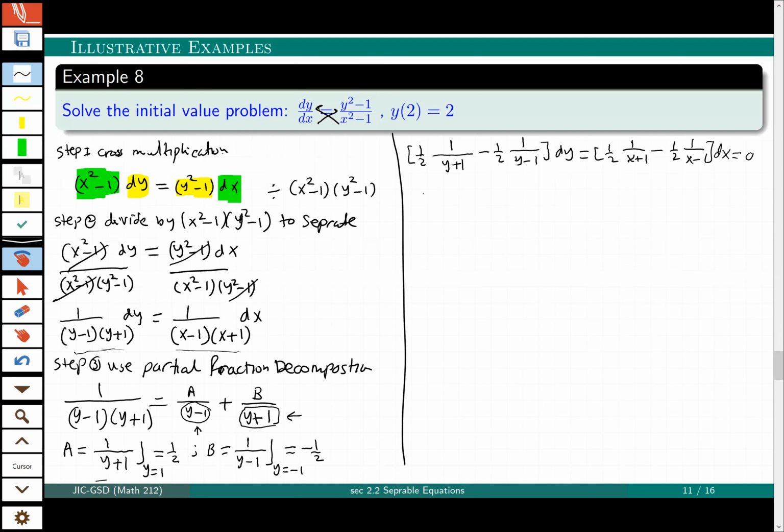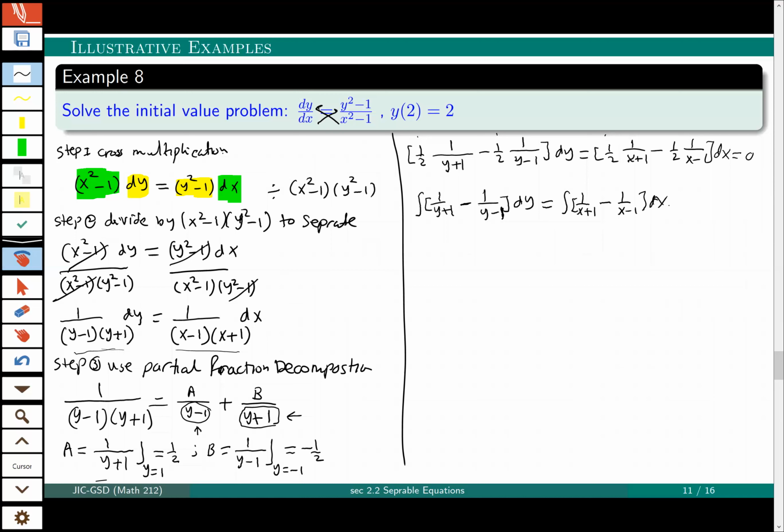I will integrate. So the integration of 1 over y plus 1, I multiply here by 2, minus 1 over y minus 1, dy. And here, as I said, we multiply by 2, so we'll get 1 over x plus 1 minus 1 over x minus 1, dx.